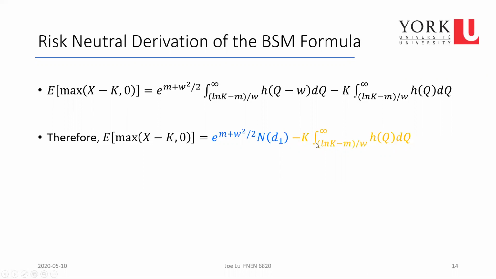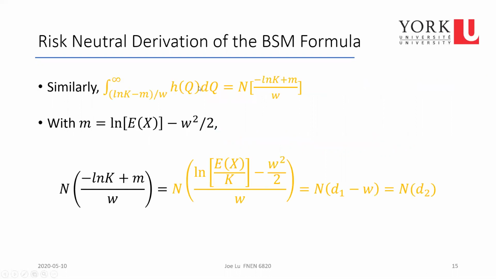If we integrate over that, by definition, this is N of this thing here, N(x). So from x to something, actually, sorry, N(m minus x). So what's in the bracket here is minus of this, log K minus m divided by W. Okay, so we have an N(minus x) here.